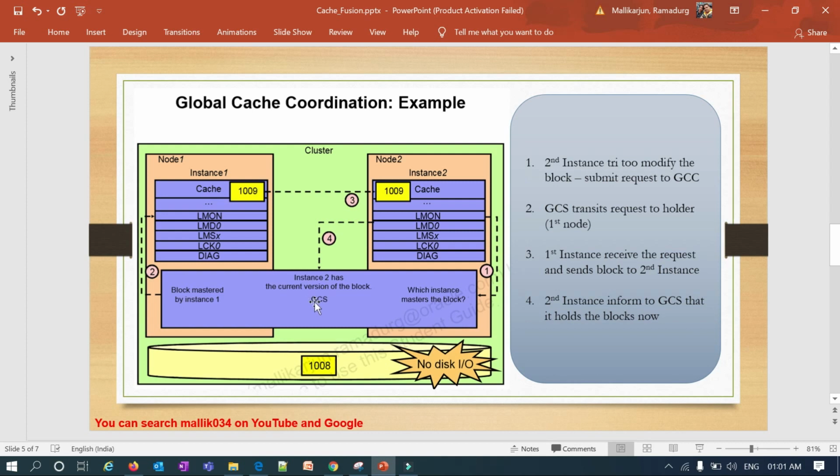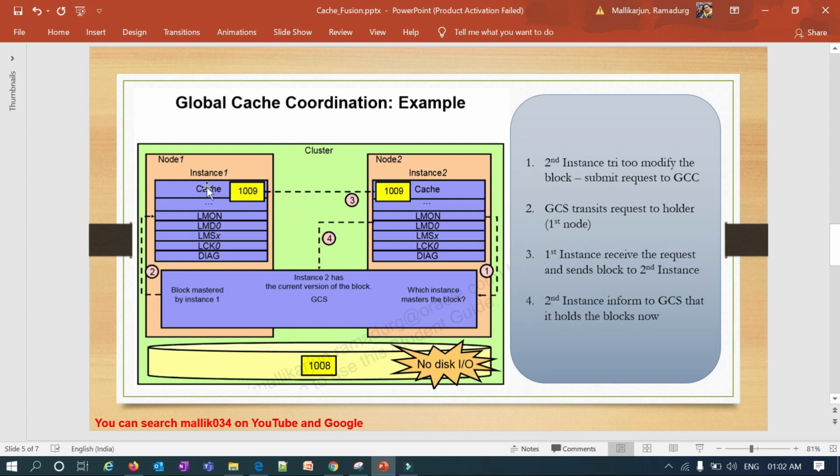Global cache service is one of the background processes. One user connection connected to node 2 wants to modify this particular block 1008, and that request goes to my GCS. Then GCS transmits that request to node 1.